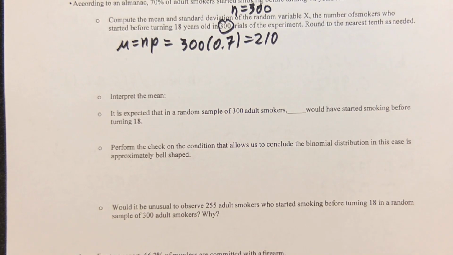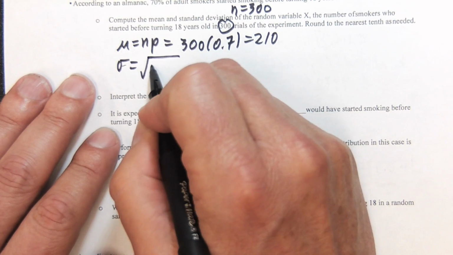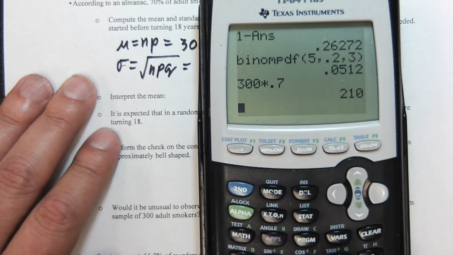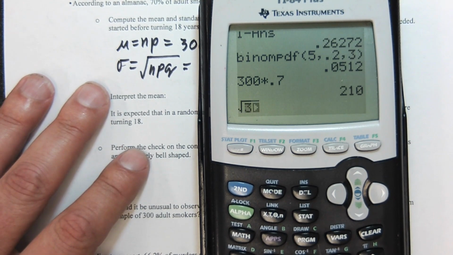Sorry, the lights turned off. The standard deviation is the square root of n times p times q. So that's going to give me the square root of n, which is 300, times p, which is 0.7, times 1 minus 0.7, which is 0.3.